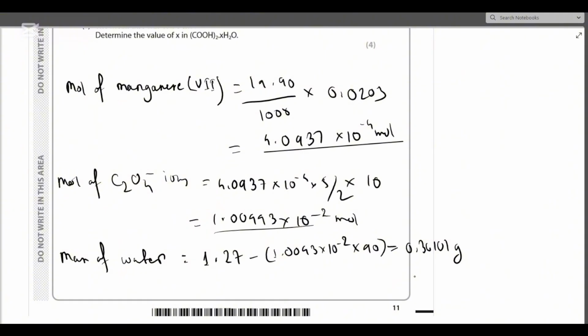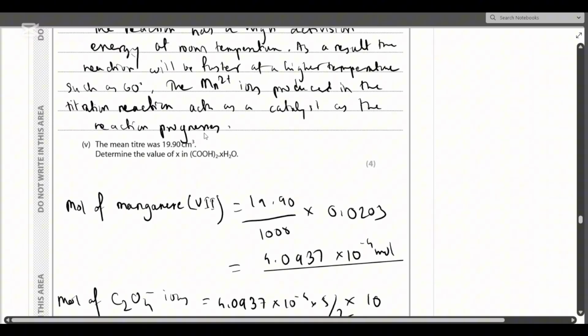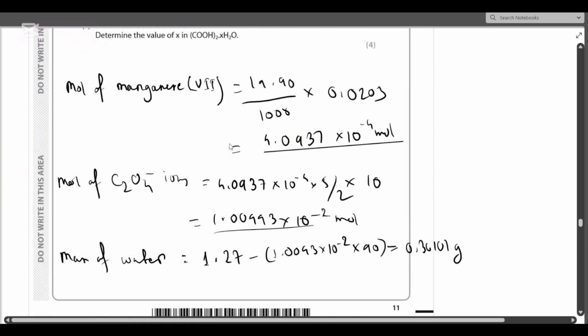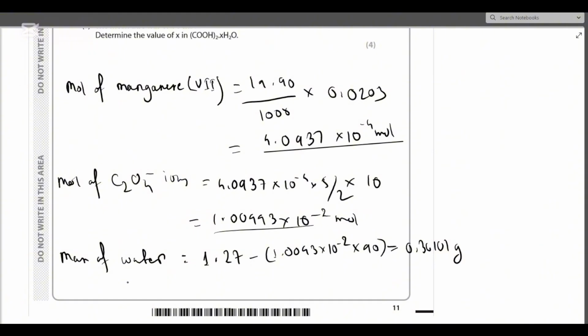So now we know the mass of water, and we also know the moles of ethanedioic acid. Using the mole ratio, COOH 2 is to the mole ratio of water.